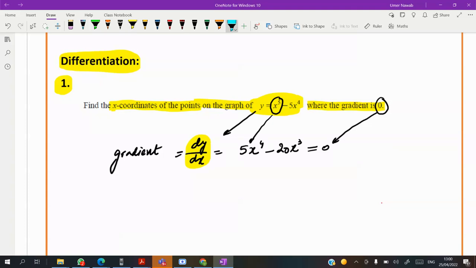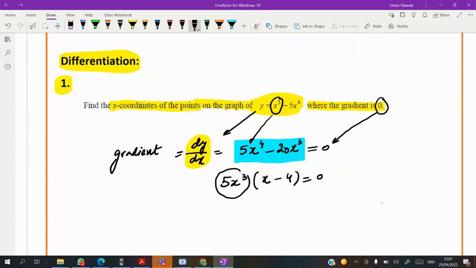Now this is a simple equation and we want to solve it. When you solve the equation, first you do factorization. Do we have something common? The answer is yes. We have 5x power 3, because x power 3 is the smallest power. So x minus 4 is equal to 0.